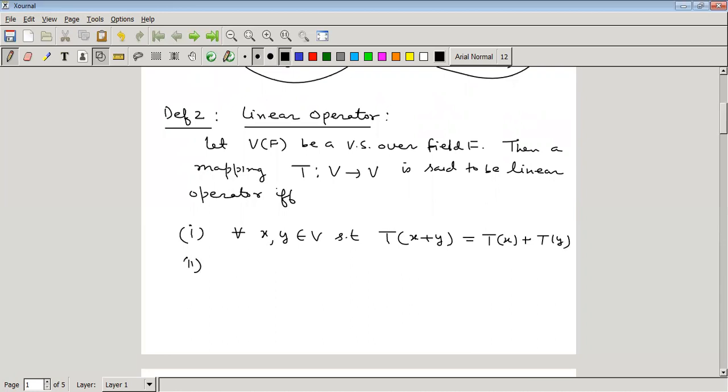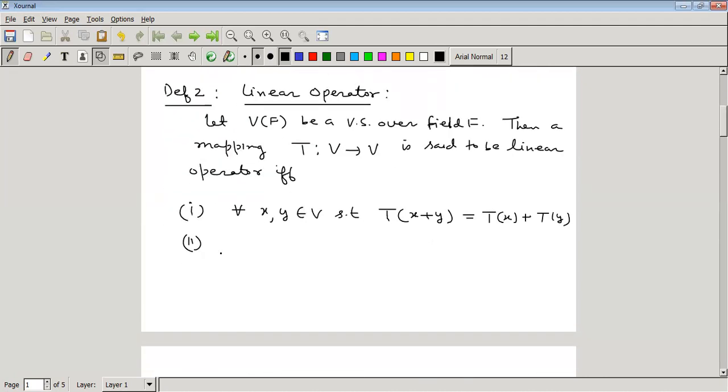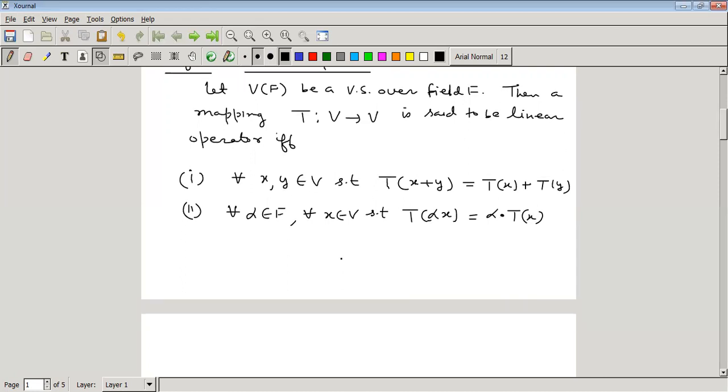And second, for any alpha in F and for any x in V, T of alpha x is equal to alpha times T of x. If T satisfies these two conditions from V to V, then T becomes a linear operator.